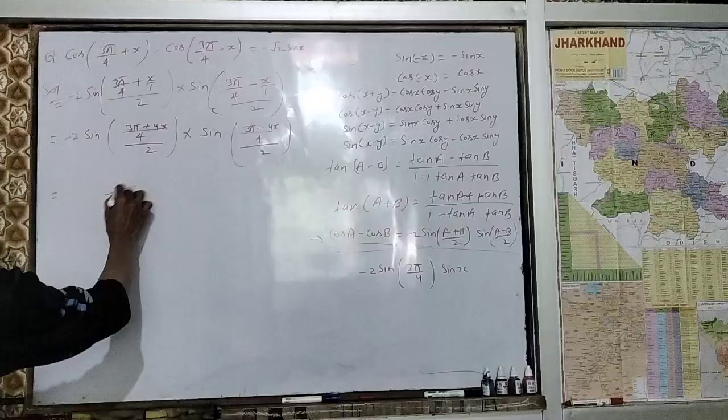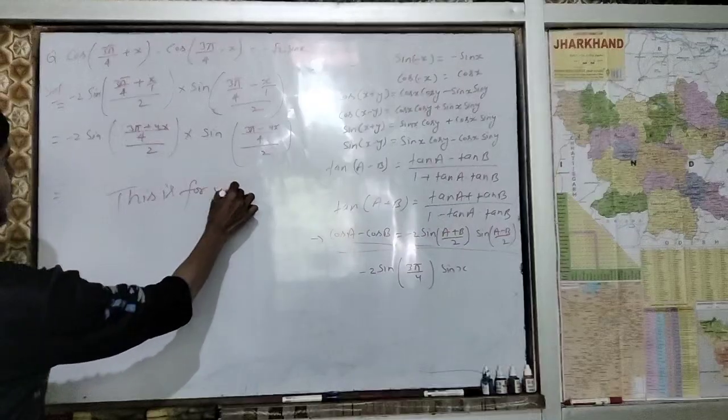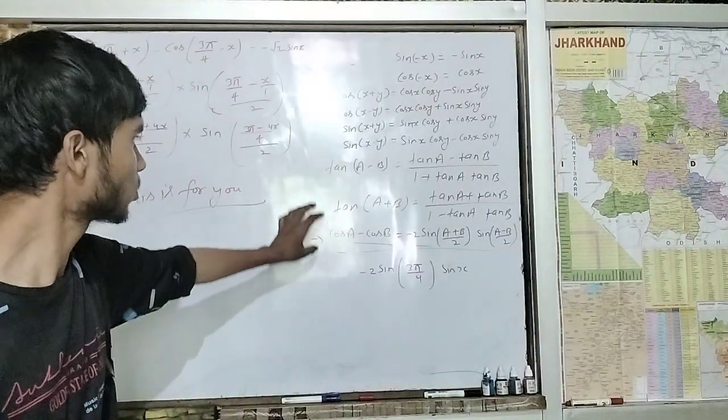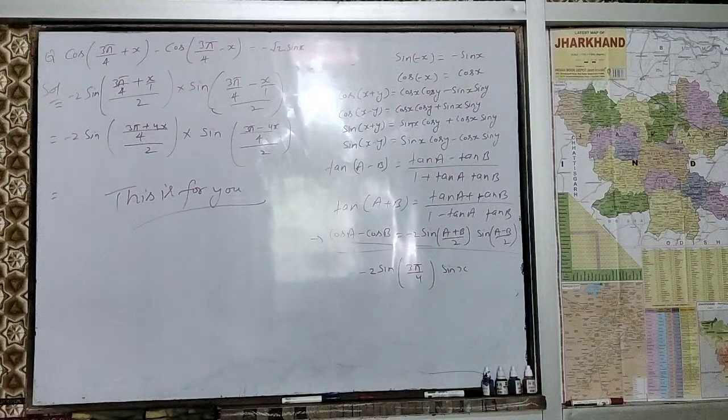This is for you. You use this trigonometric identity, then simplify this. That's all.